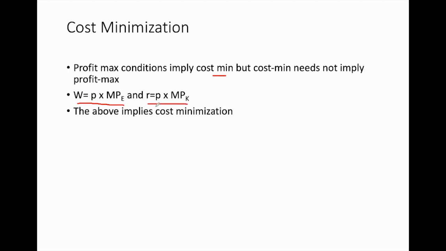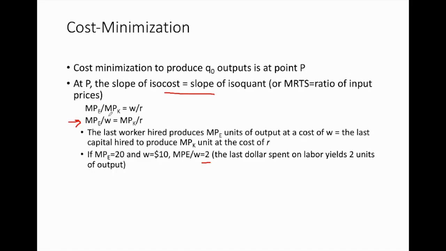And over here, this is the condition the firm needs to fulfill in order to identify the optimal amount of capital in its production process. R, the price of capital, equals price times the marginal product of capital. This expression is actually the value of marginal product of capital. So both expressions above imply cost minimization. Again, when we rearrange this expression, we can get to this point.